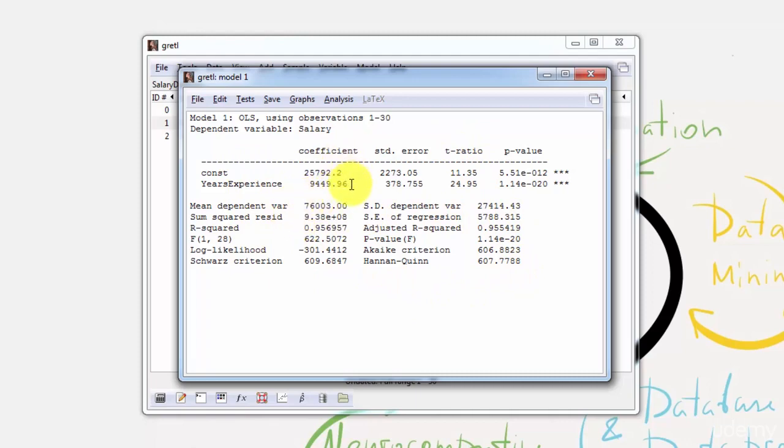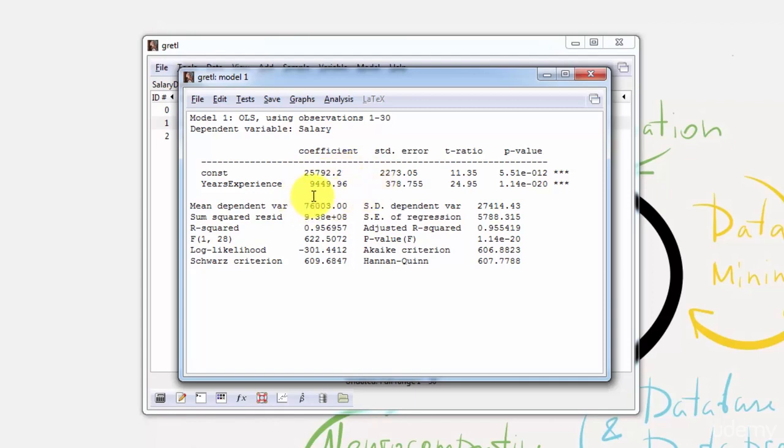Well, here you see the coefficients. Those are the coefficients that we discussed in our formula. And the constant being $25,792.2 means that the line of the linear regression crosses the vertical axis at 25,792.2, which means that if you have 0 years of experience, so if this variable is 0, then according to this model, your salary should be $25,792.20.